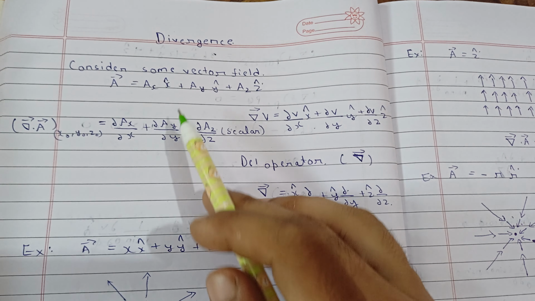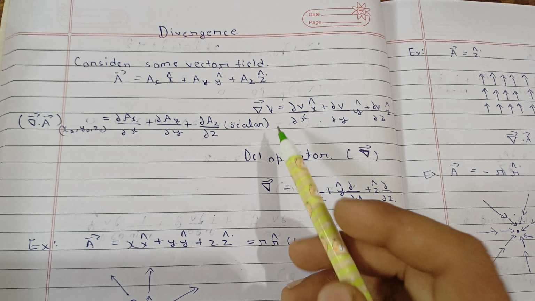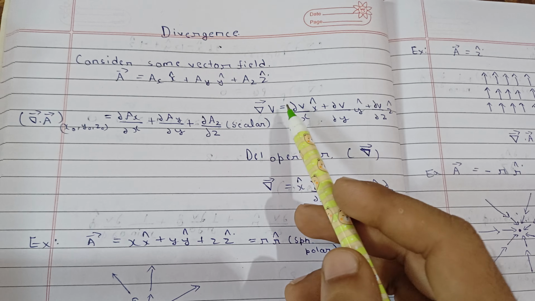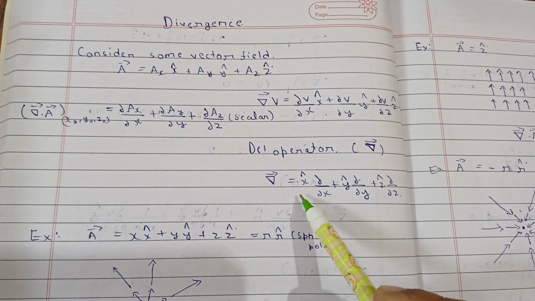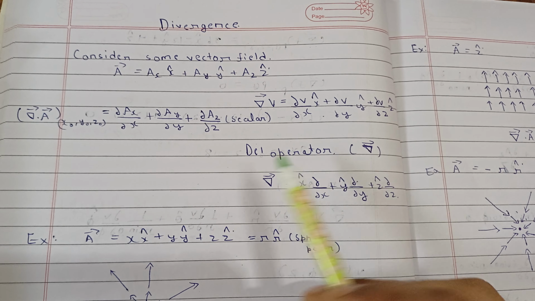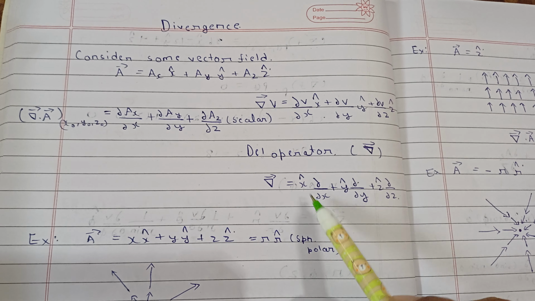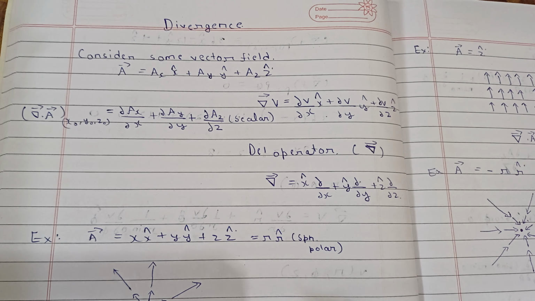Now, you know the gradient of any function is this. This is a scalar. We find the gradient of a scalar, but this is called the del operator, and we define it in this form: x cap del by del x, plus y cap del by del y, plus z cap del by del z. When you apply this operator on a scalar, you are finding the gradient of that scalar.